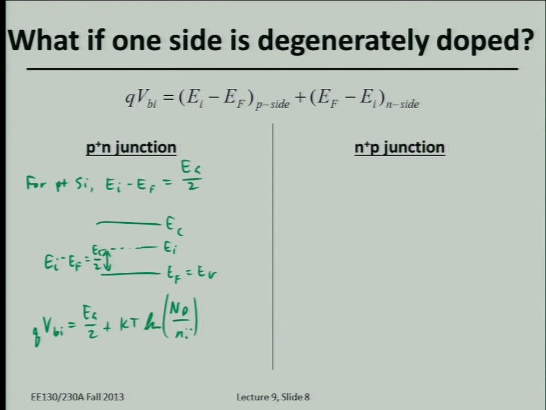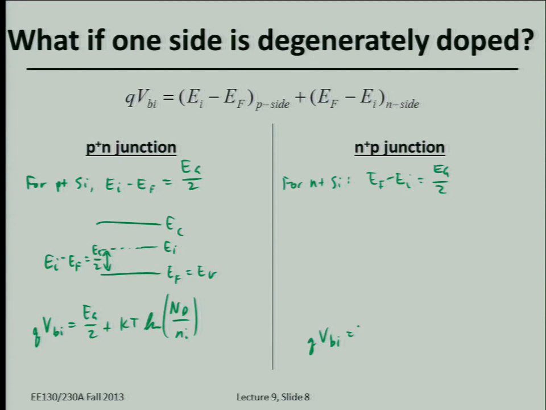And then for N plus P junction, let's just be complete. For N plus silicon, EF minus EI is equal to EG over 2. So the built-in potential, so I'm just saying that, but it's qVbi, right? So built-in potential has units of volts.